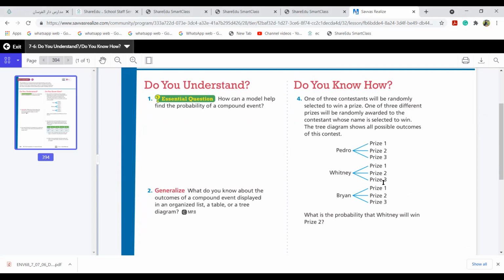Please count and tell me. How many possible outcomes are there? Count and tell me. 3 with Pedro, 3 with Whitney, and 3 with Brian.